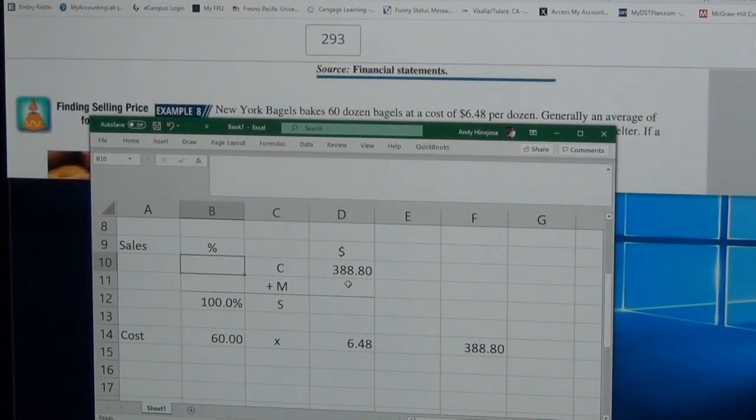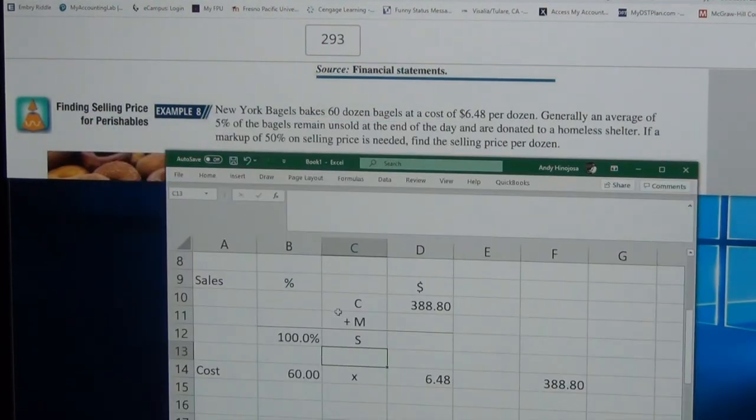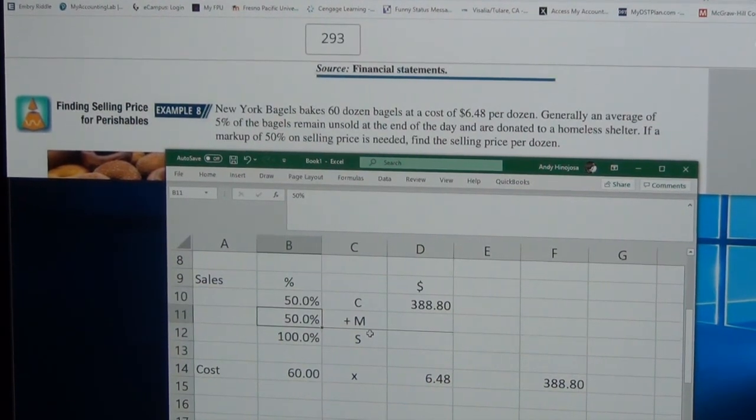All right. 50% of markup is 50% of the selling price. Well, the selling price then becomes 100%, so let's make sure we've got 100% there. And the markup is now 50%. Well, just by deductive reasoning, you could see that the cost has to be 50% as well. So we've got the percentages all completed. We know what the cost is. So with the information we have, we can come up with the sales price. We know that our cost is 50% of the sales price.